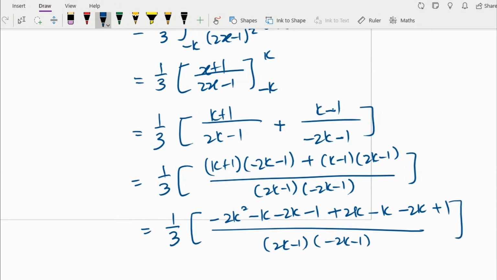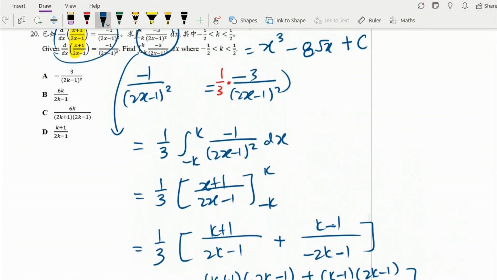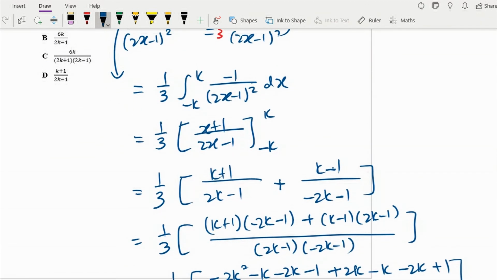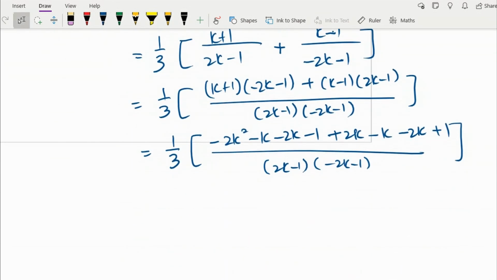Did I make any mistake here or not? Why is it so complicated? Okay, 1/3 of negative 2k squared, minus 1 minus 3, this and this can cancel.